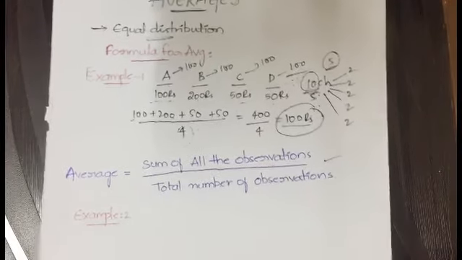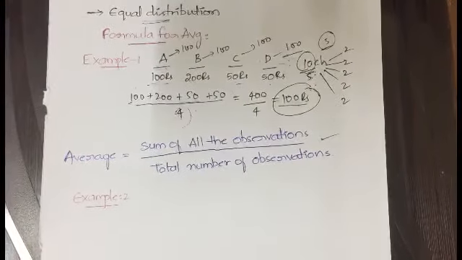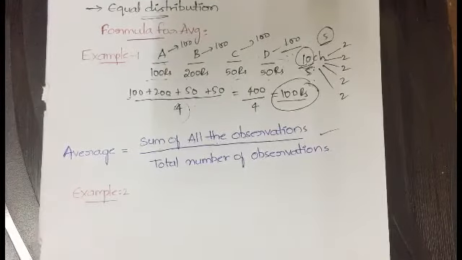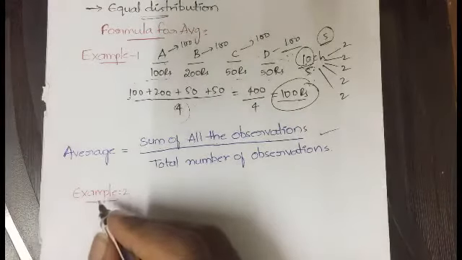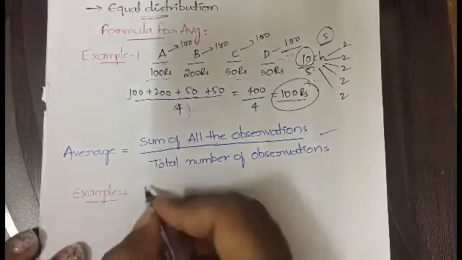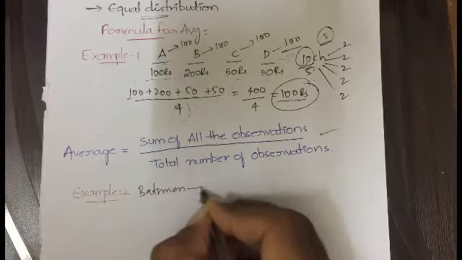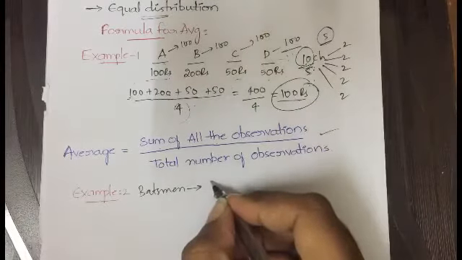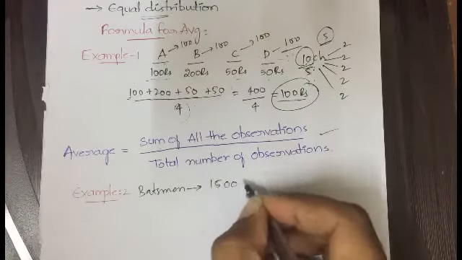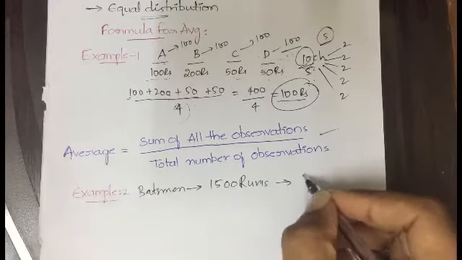Okay, we'll see another example of average and then we'll move on to the concept of consecutive numbers and average. So in example 2, suppose we have a batsman, and this batsman has scored a total of 1500 runs in a total of 30 matches.